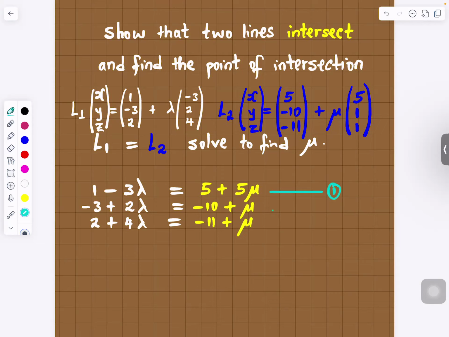So we got 3 equations there: 1, 2, 3. So we need to solve those 3 equations.